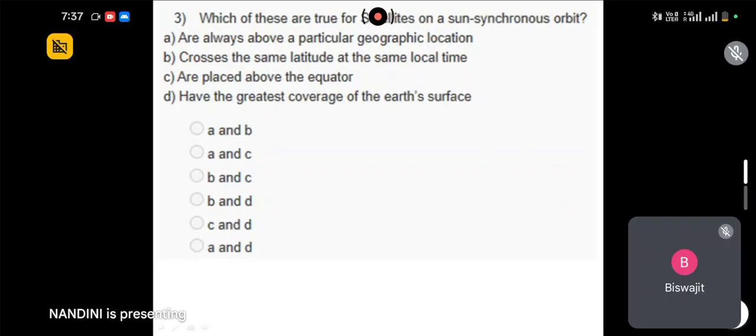It always measures data at the same local time over a particular region. So it crosses the same latitude at the same local time, and it has a greater coverage of the Earth's surface.